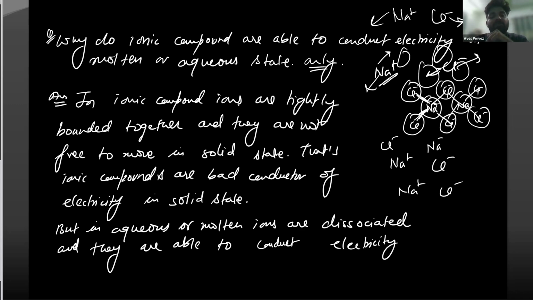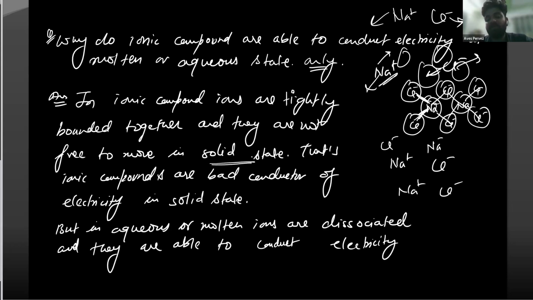In ionic compounds, ions are tightly bonded together. Take the screenshot. Ionic compounds are tightly bonded together and they are not free to move in solid state.